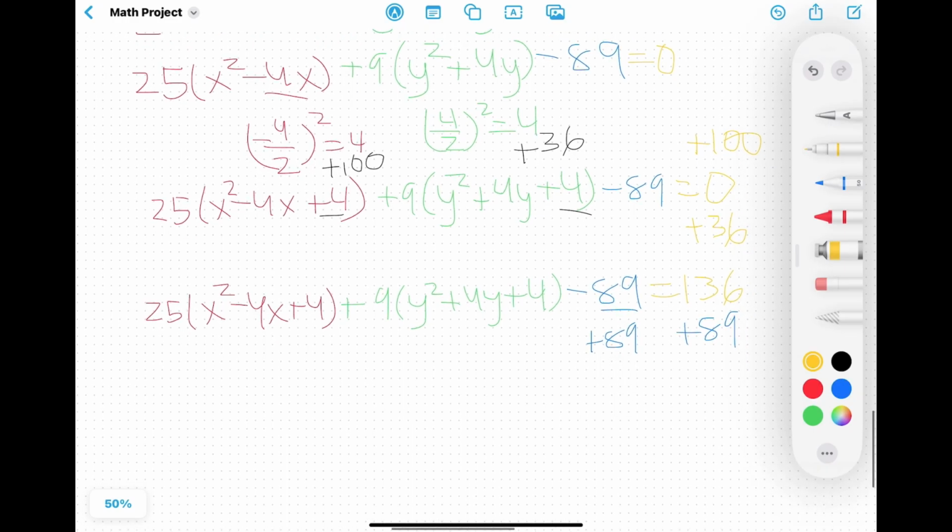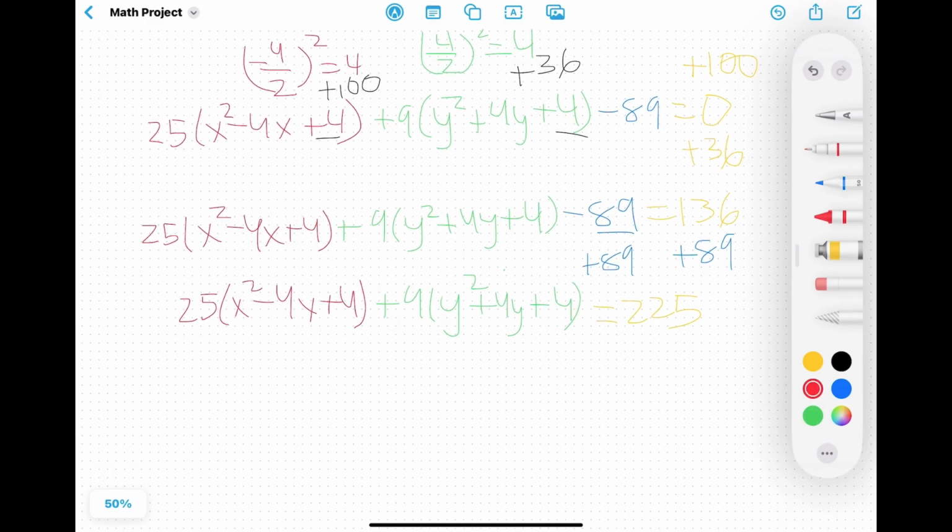That gives us 225. This means our equation is 25 times x squared minus 4x plus 4, plus 9 times y squared plus 4y plus 4, equals 225.